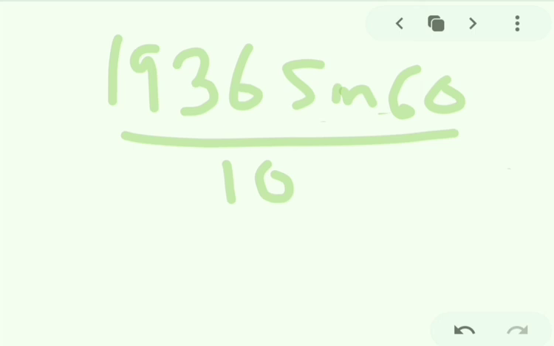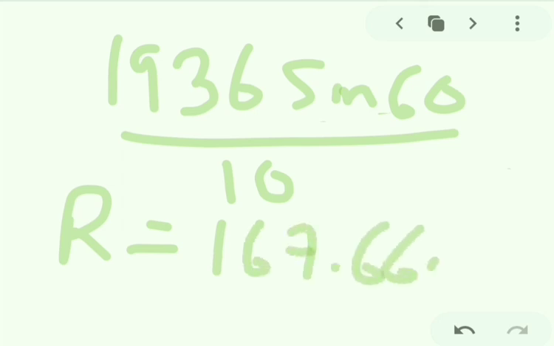Now 1936 times sine 60 divided by 10. What we have is the range R is equals to 167.66 meter.